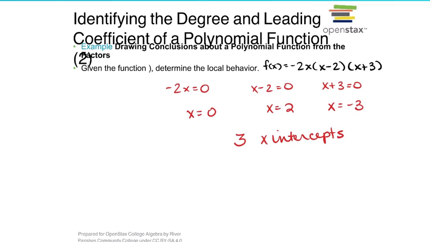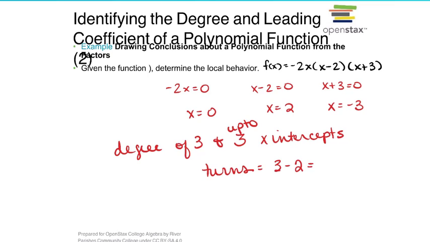So, I'm sorry, that means we have a degree of 3 and up to 3 x-intercepts. That means how many turns can we have? It's always n minus 1, so 3 minus 1 would be, oops, I wrote 2. 3 minus 1 would be 2 turns.